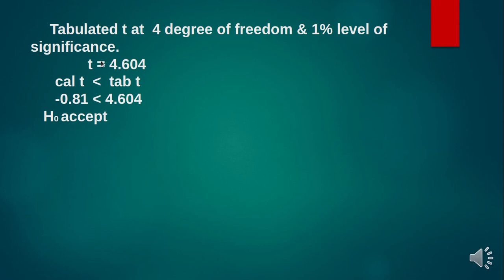The tabulated t is equal to 4.604. The calculated t is minus 0.81, which we already calculated. So the calculated t is less than the tabulated t, so H0 is accepted. In this problem, H0 is accepted.